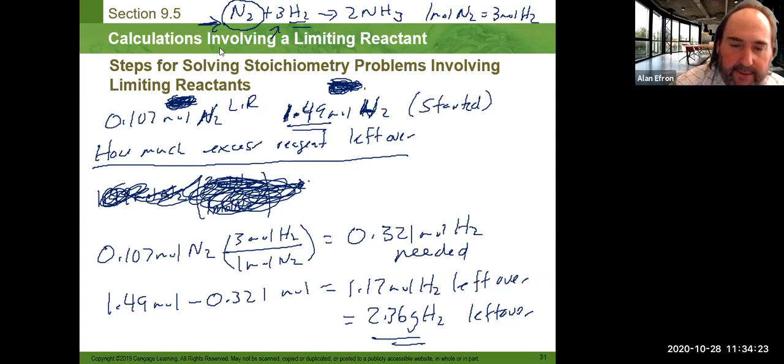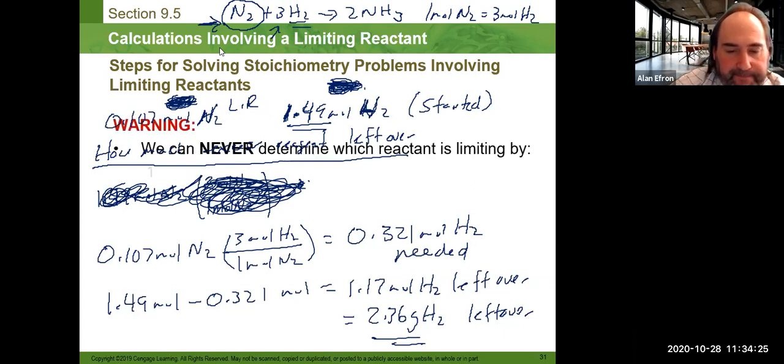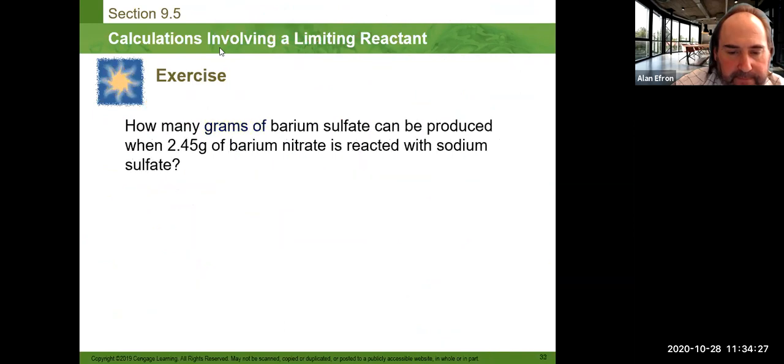Okay, so let's try another one here. Which one? Let's go with this one. How many grams of barium sulfate can be produced when barium nitrate reacts with sodium sulfate? So here, let me just throw out some equations.